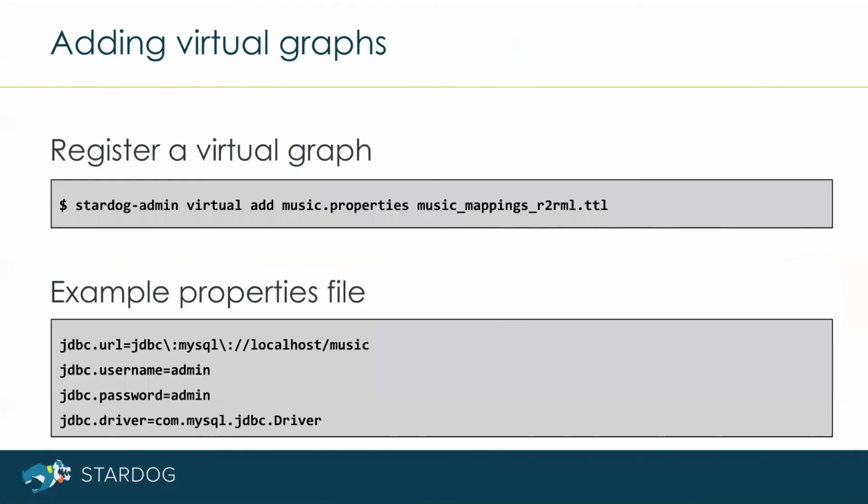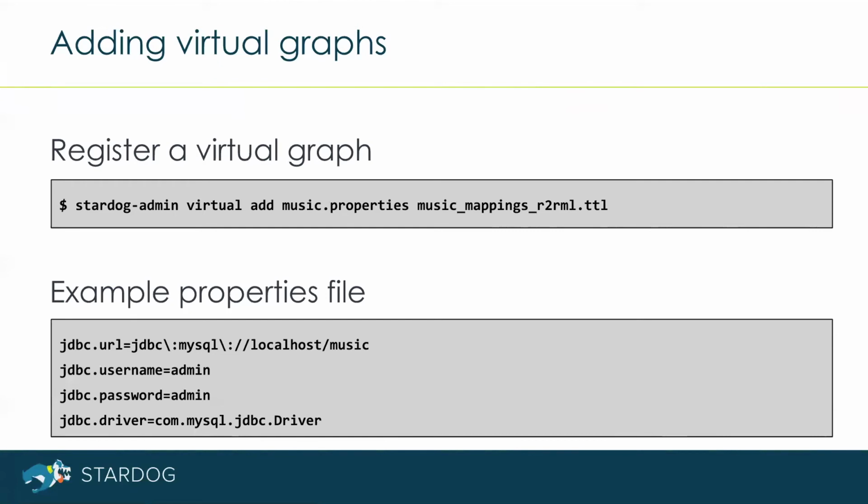So you can register a virtual graph via the command line. You can see I just do an add, and I give it a properties file and then my mappings file. We already covered the mapping. Properties is pretty easy. You can see at the bottom, at a minimum, you have to give it the JDBC credentials: the JDBC URL of the specific database that you need it to query, username and password, and then the JDBC driver.